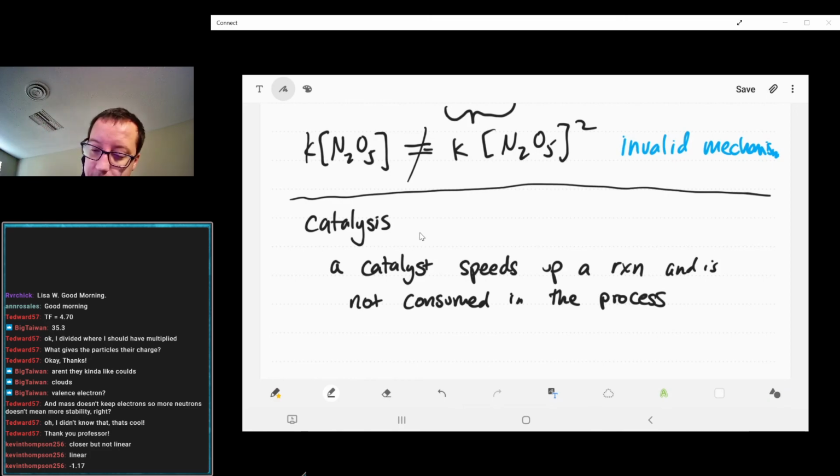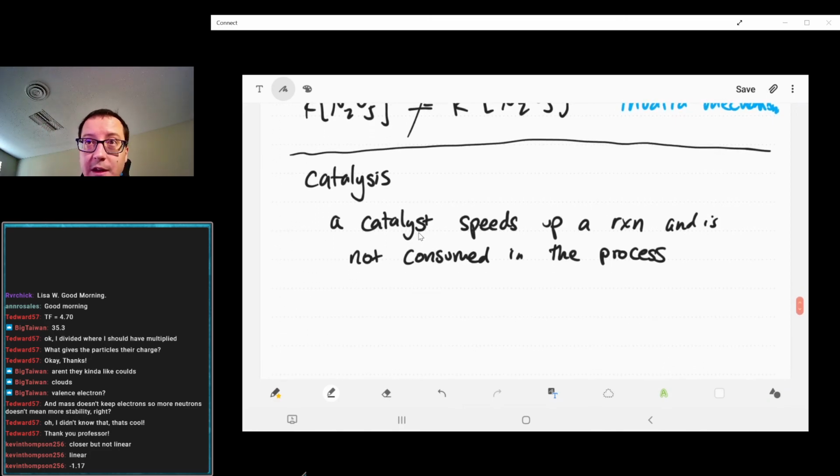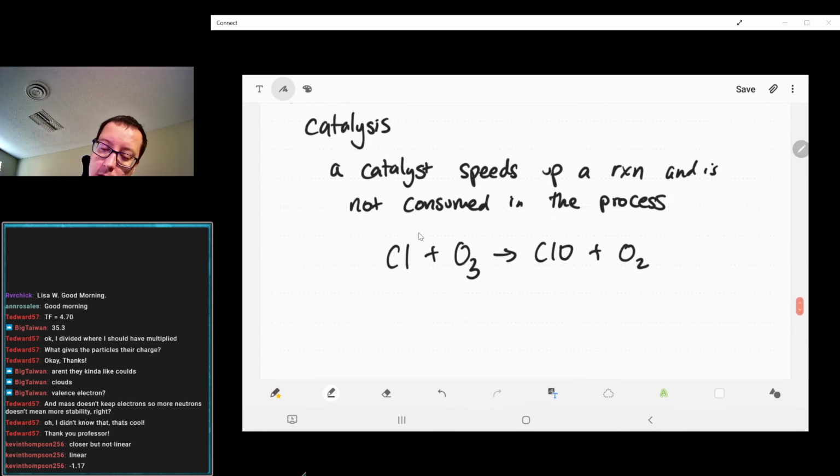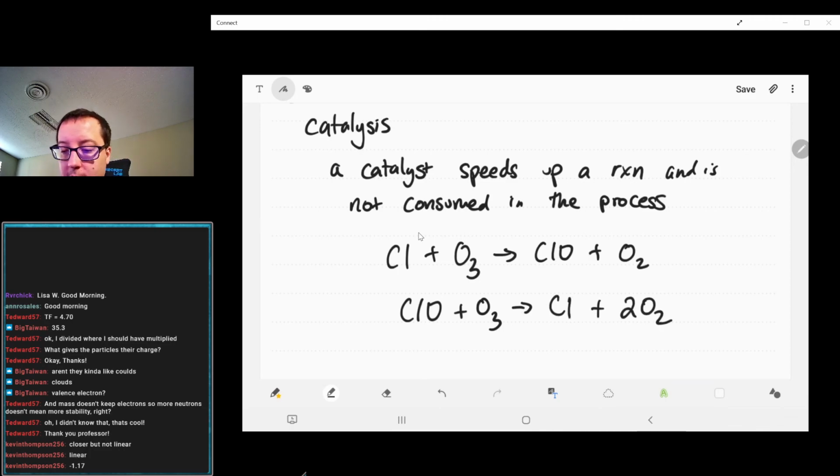Okay, so let's talk about chlorine atoms. If we have a chlorine atom, this reaction can happen. And what we can do with that ClO then is break that with another ozone. And we can look at the components here.